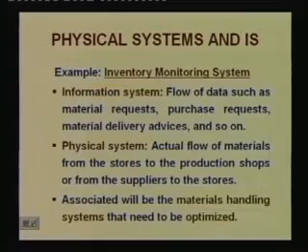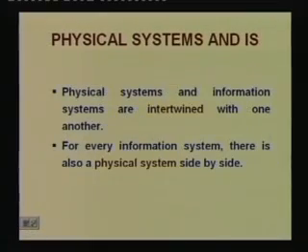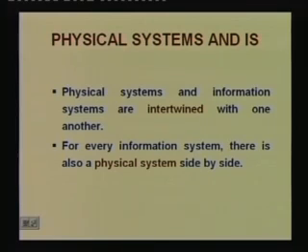Now, let us go back to the specific thing where we wanted to discuss the physical systems and information system. Please understand that whenever we are planning an information system, the information system alone is not everything.